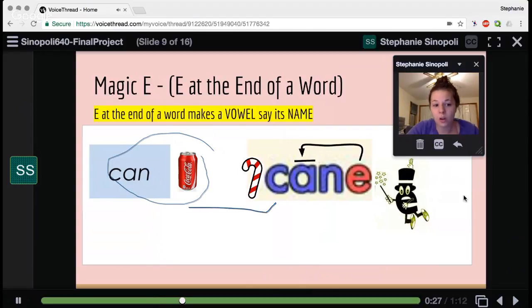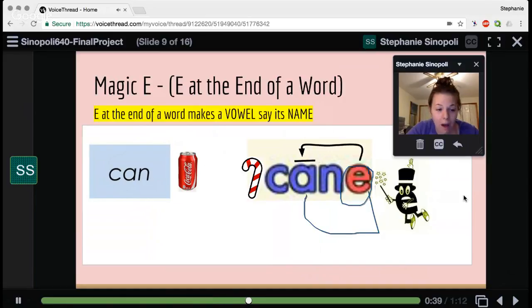Because there's a picture of a candy cane? And I'd say, yes. But did you notice anything else? There is an E at the end of that word cane. So I think the E makes the A, the vowel, say its name. That's why I put a picture of a little magician E making the A say its name.